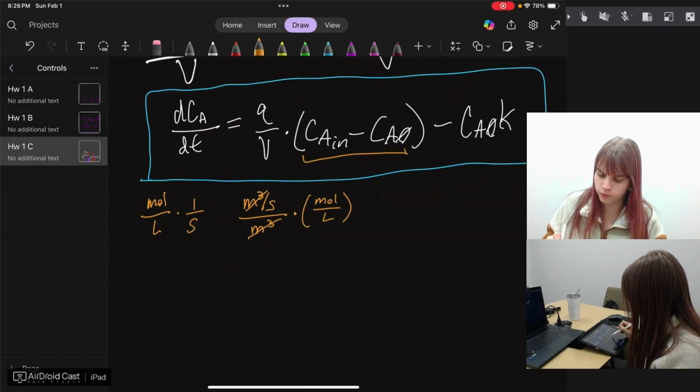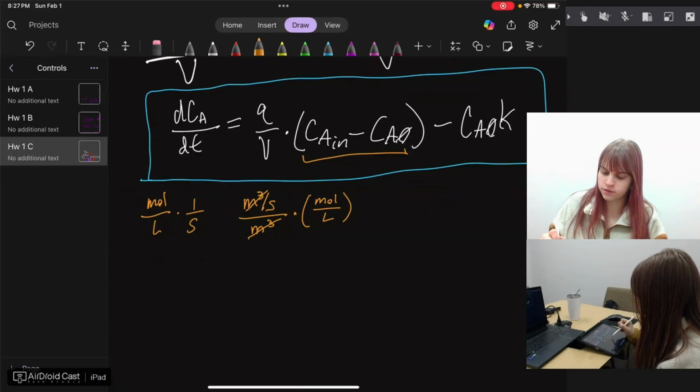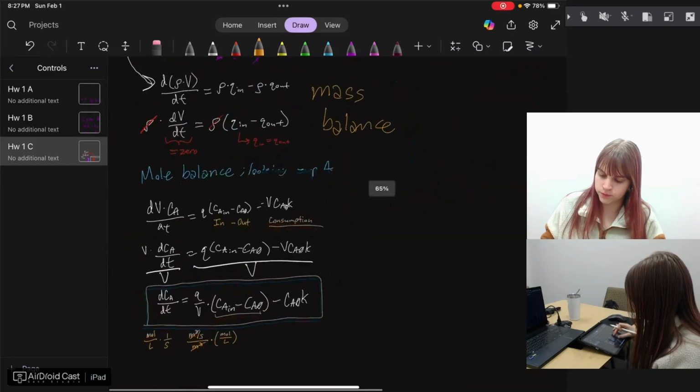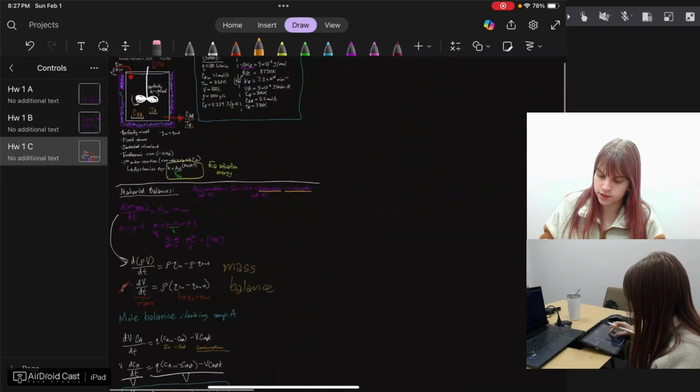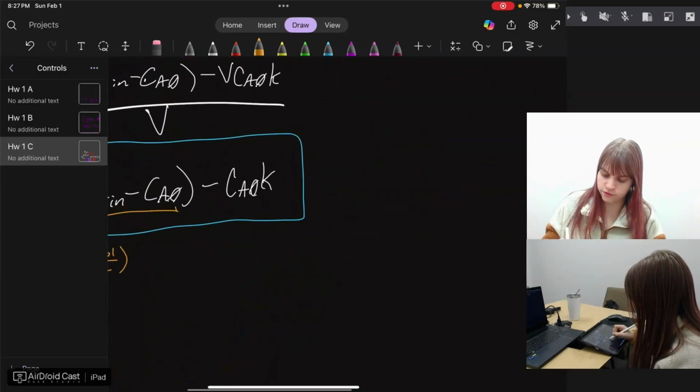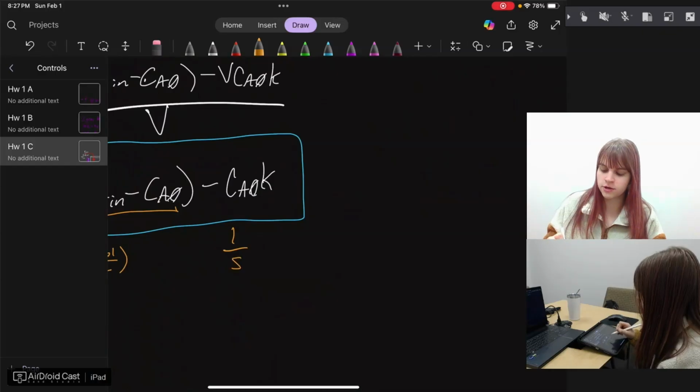So here we have moles per liter times second, and we know that the units of K for a first order reaction are second to the -1, moles per liter.